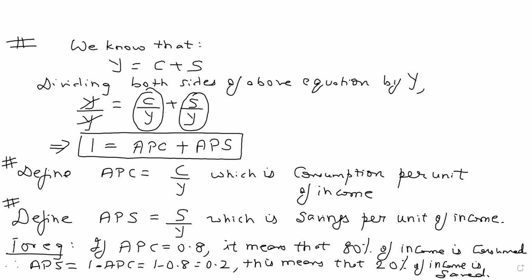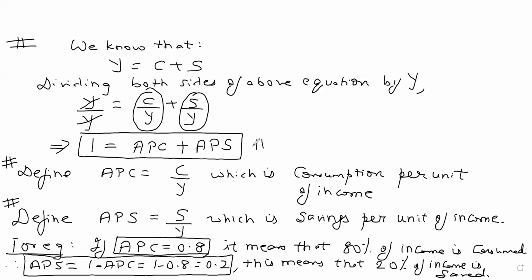So when students are given APC, you should know how to calculate APS. And when you are given APS, you should know how to calculate APC. Just use this equation that the sum of APC and APS should be equal to 1. And please do not get confused in the interpretations of APC and MPC.